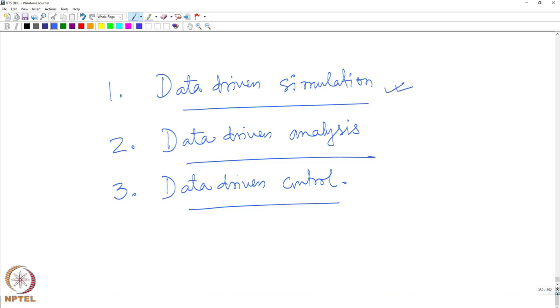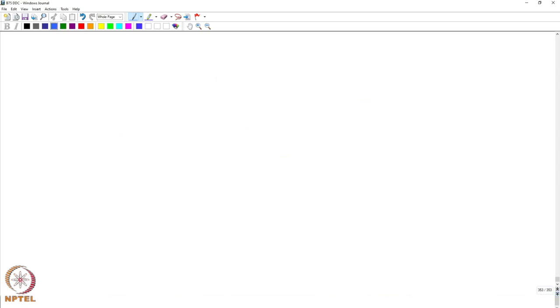What we mean by data driven simulation? Suppose we once again have a system, just a linear time invariant system given by the kind of kernel representations that we were talking about, given by a kernel representation.